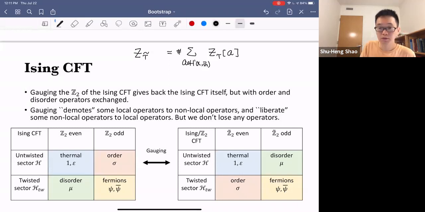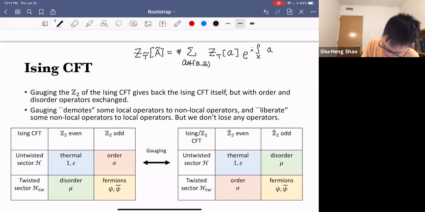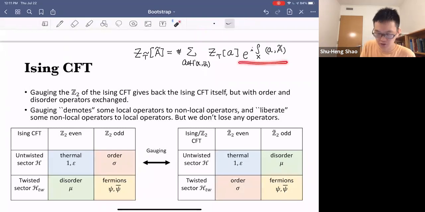Okay, and then what is the Z2 tilde? Z2 tilde is the following. You can dress this, so you can add such a term.